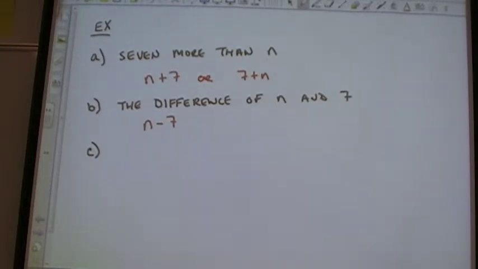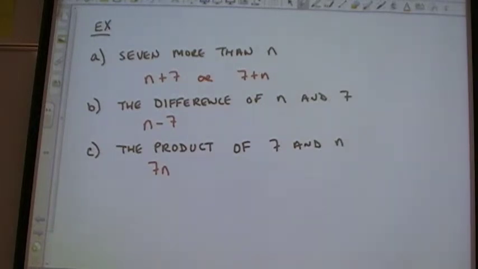The product, what does product mean? Multiplication. Good. The product of 7 and n. How would you write that? 7n, or what?